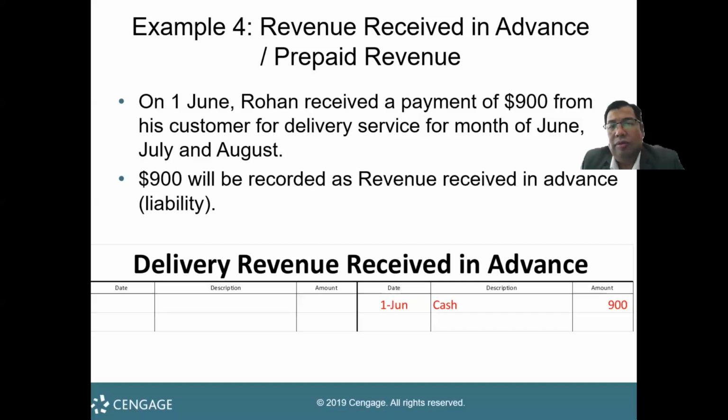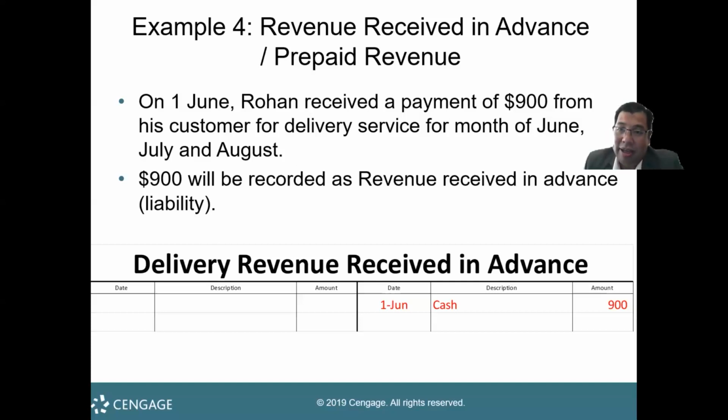On 1st June, Rohan received a payment of 900 from his customer for delivery service for the months of June, July, and August. So one customer came to our office to ask us to deliver certain things for this 3 month period, and our customer gave us $900. We have not provided the service yet.